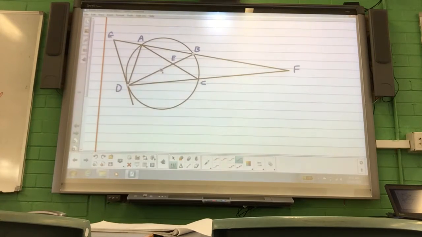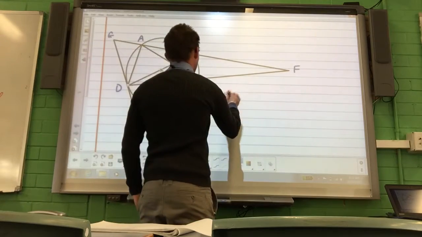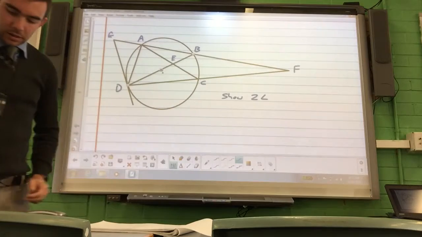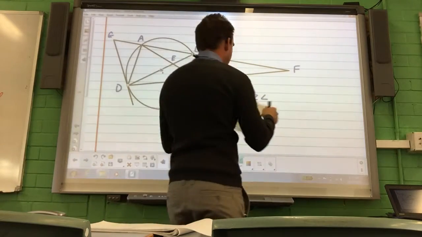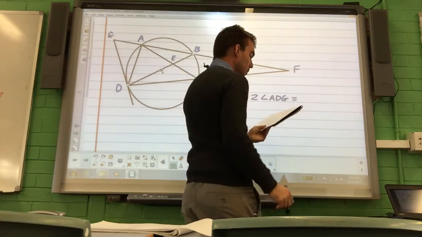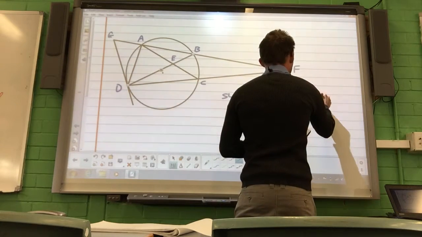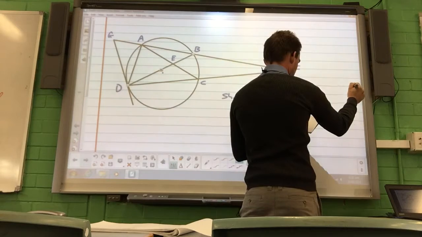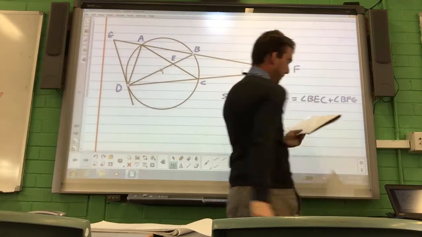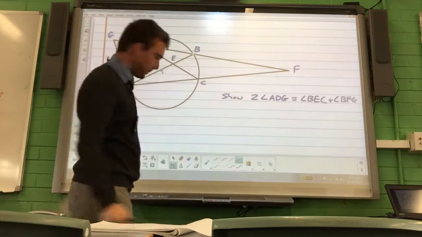Alright, we need to prove, so we need to show that 2 lots of the angle ADG is equal to angle BEC plus angle BFC.